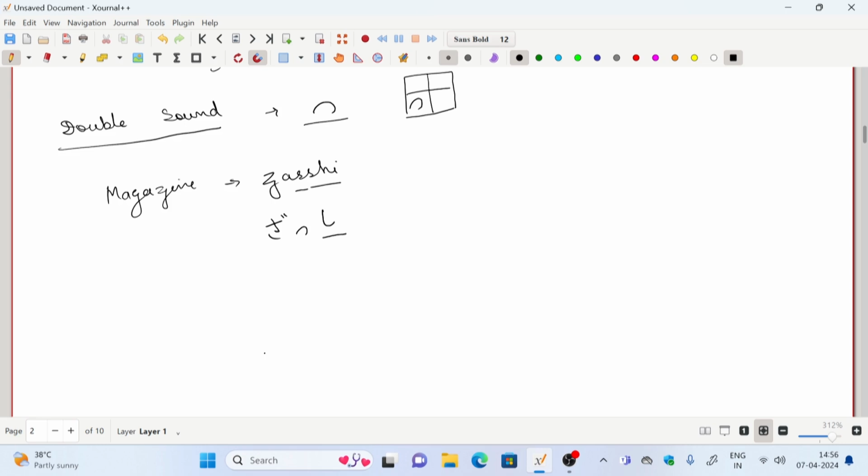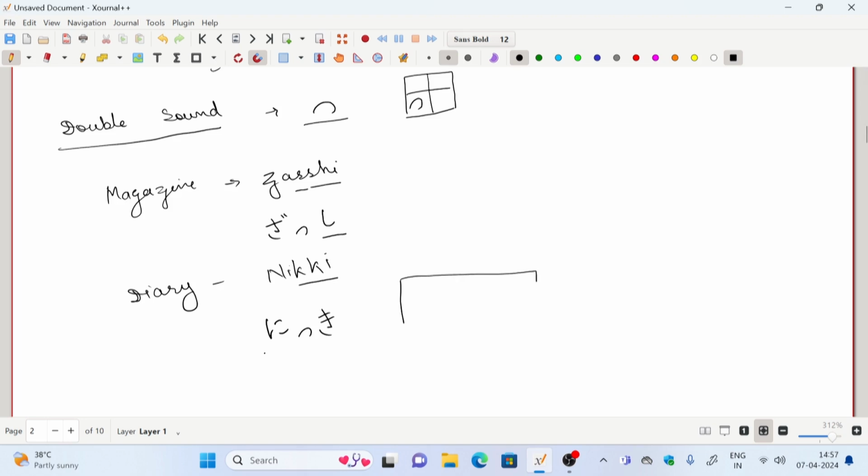Similarly, the word diary is nikki. Nikki, the ki sound has been doubled here. So ni, hiragana is here, ki is this, and we'll put a small tsu. How is it written?